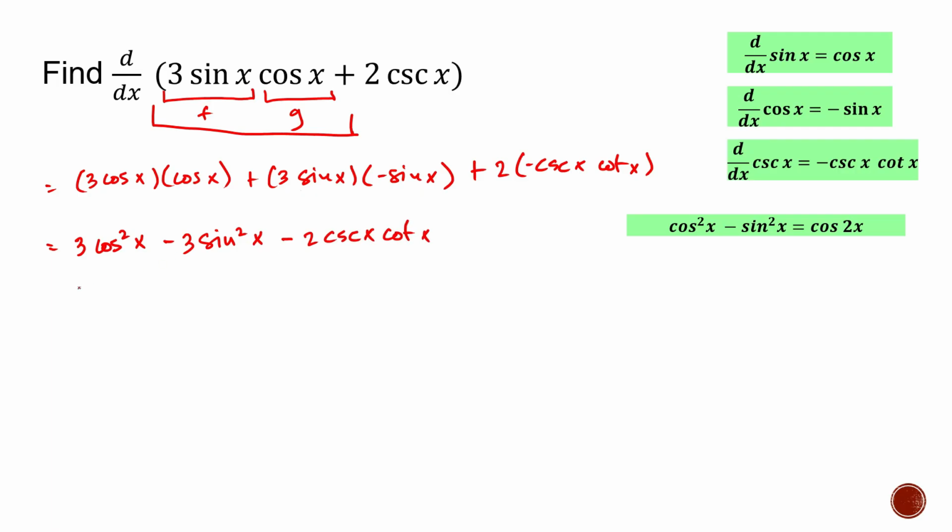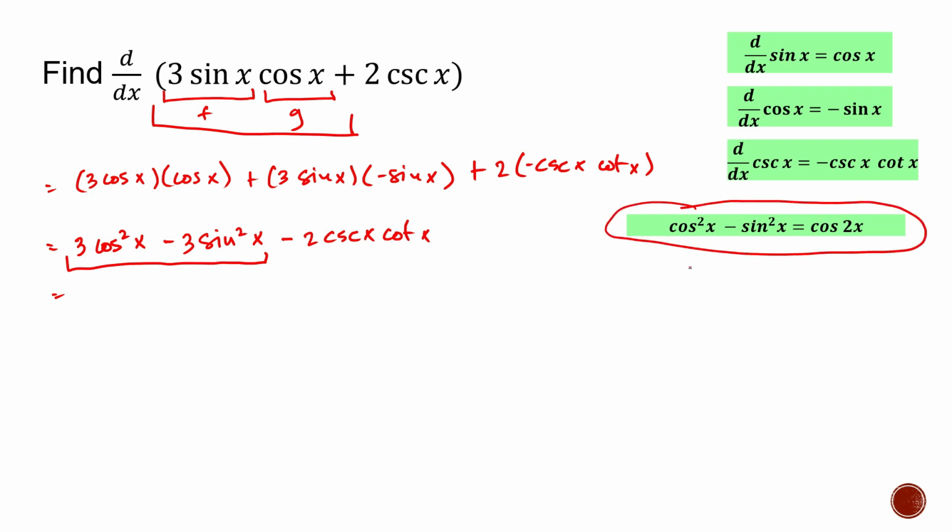cotangent x. We can simplify this further, and as you can see on the right side of your screen, there's an identity that we can use. Common factor is 3, so 3 times cosine square x minus sine square x, minus 2 cosecant x cotangent x.